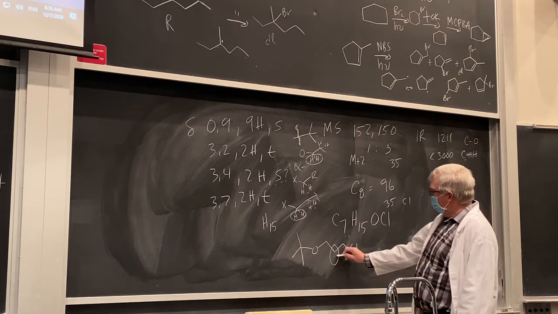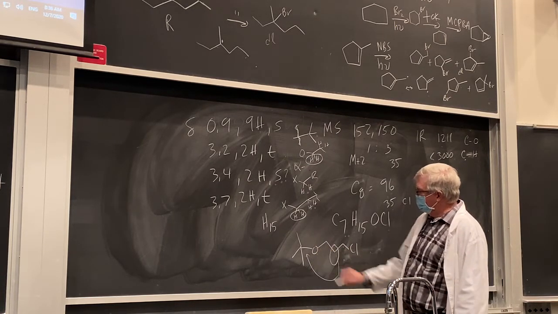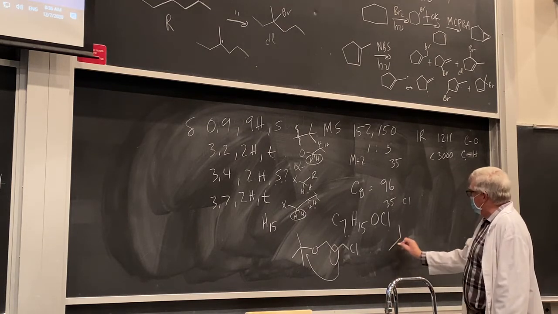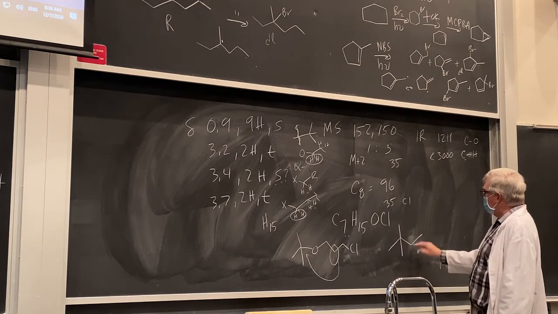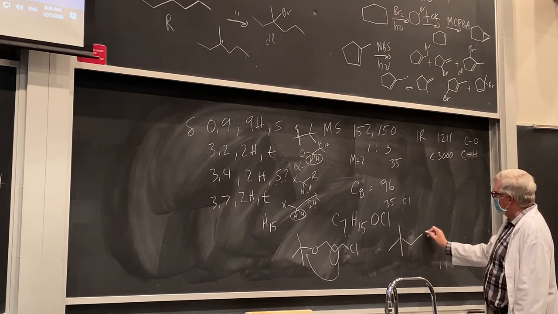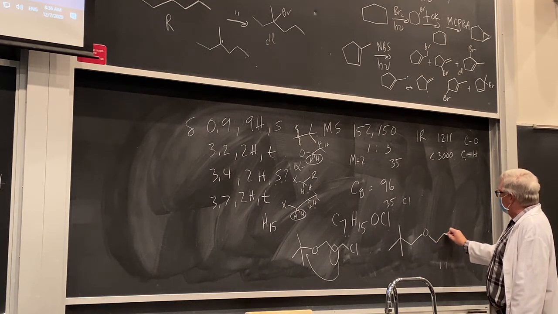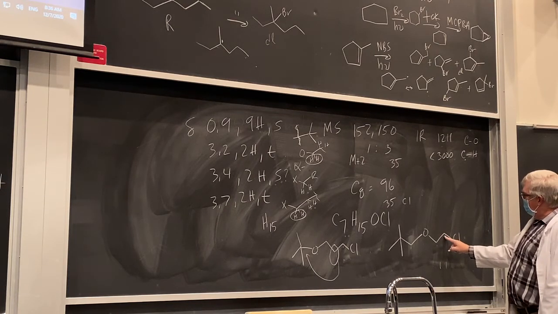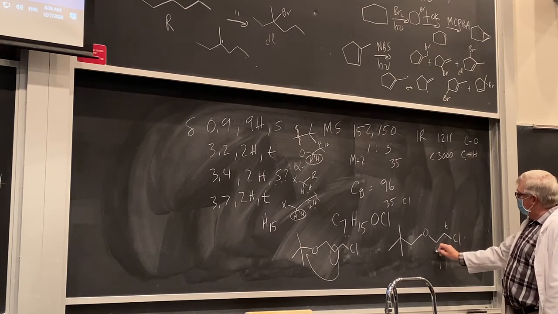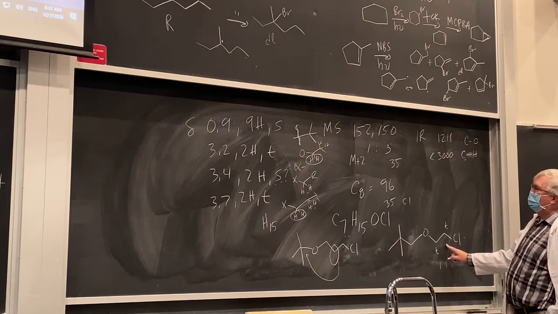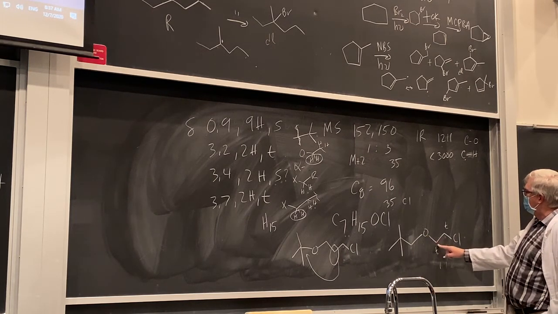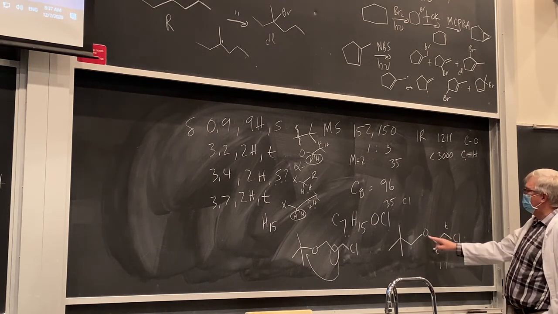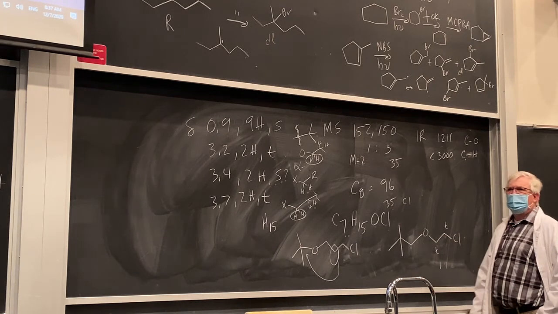But let's see, if we could put this group maybe over here, what would that do? We have our tert-butyl. And yeah, maybe the methylene right there. Then oxygen. Oh, and then you see we'd have the methylene here. And yeah, that would be a triplet. This would be a triplet. Now it's kind of hard to tell which is which, alpha to chlorine or alpha to oxygen. Oxygen is more electronegative, I think.